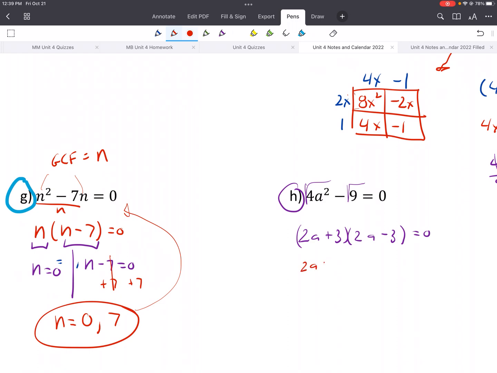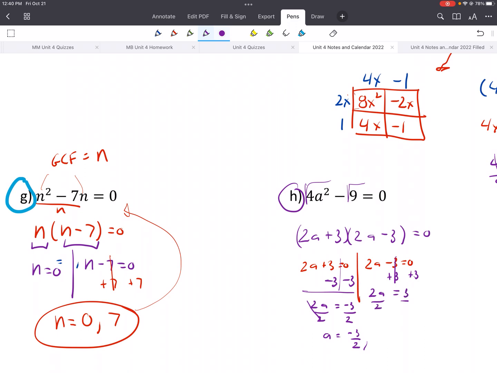So either 2a plus 3 equals 0, or 2a minus 3 has got to be equal to 0. And you just solve. So subtract 3, divide by 2, and we do the same for the other. Divide by 2, and we'd get 3/2.